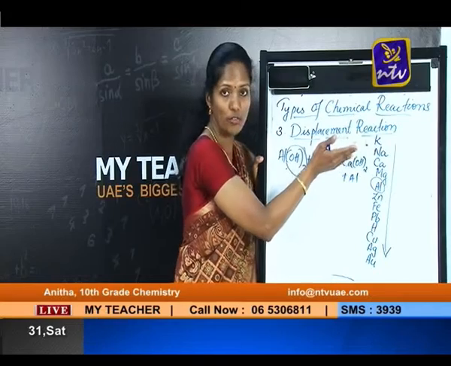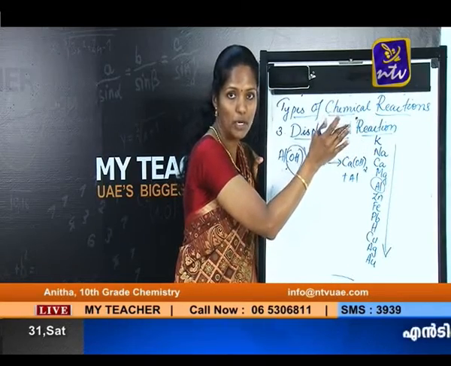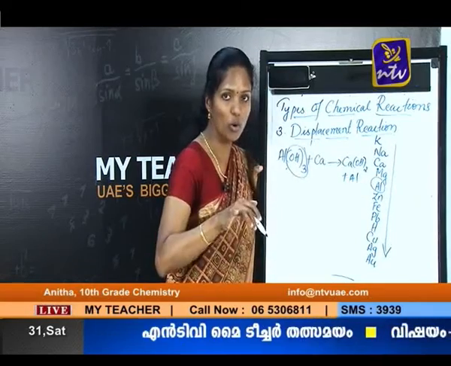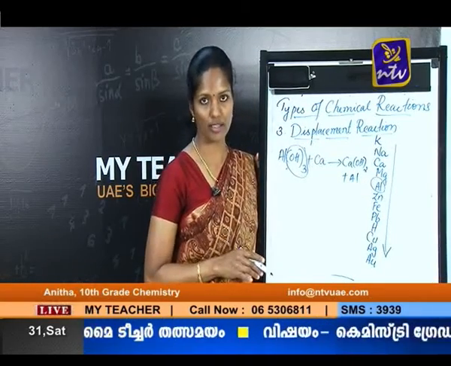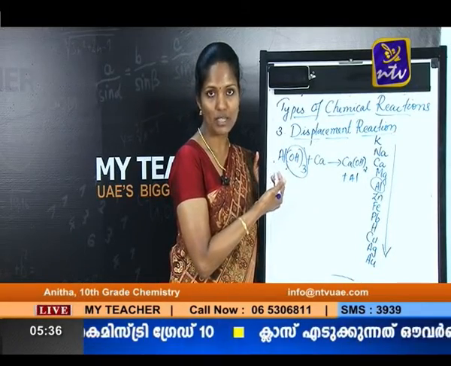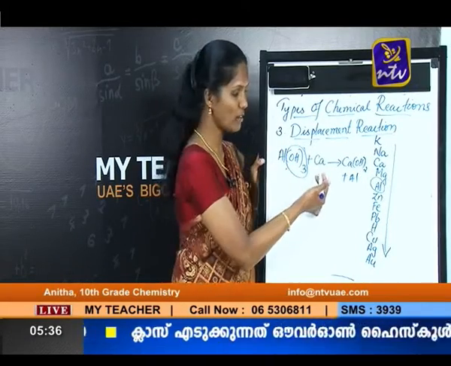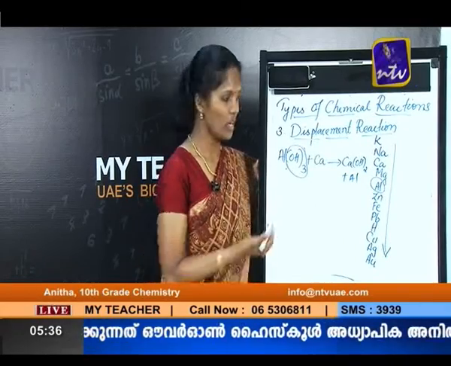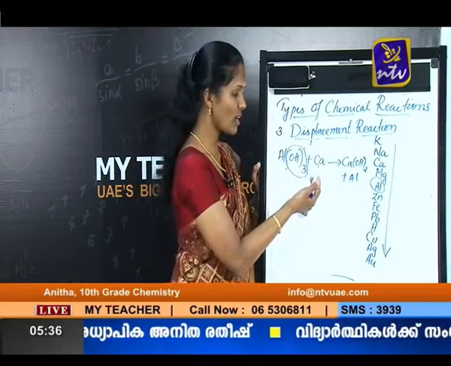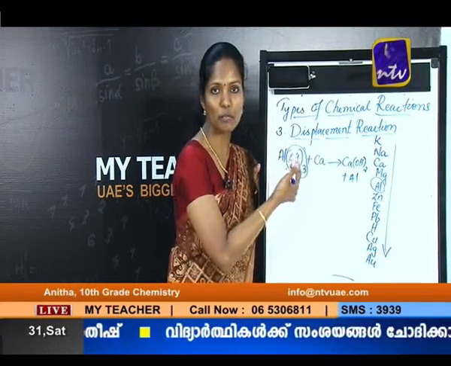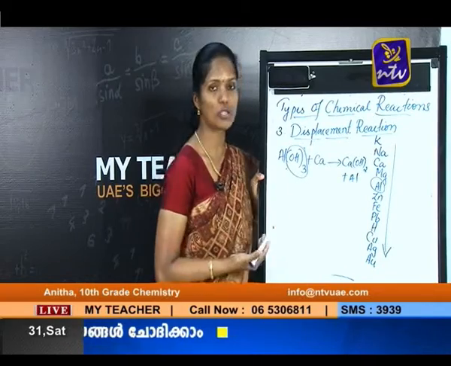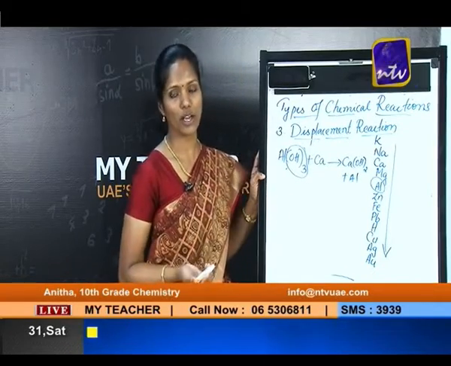The metal which is below has lower reactivity. In the compound the metal present is aluminum and the free metal is calcium, and calcium is more reactive. So, it can displace aluminum from aluminum hydroxide. Such chemical reactions are called displacement reactions.